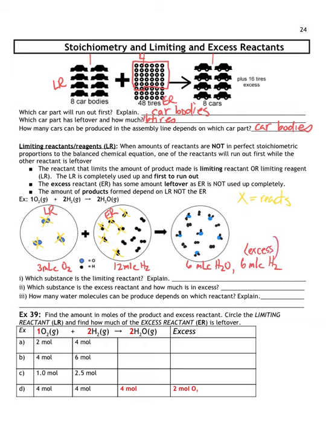Now, to answer all these questions conceptually: who's the limiting reactant? We know it is oxygen, because it gets used up completely, whereas hydrogen only gets partially used up. Who's the excess? It's hydrogen. There are 12 molecules of hydrogen, and 6 molecules of hydrogen are left over.